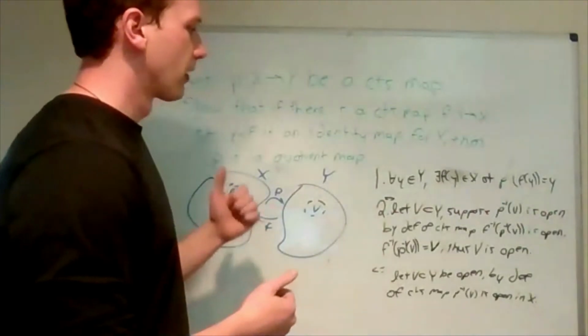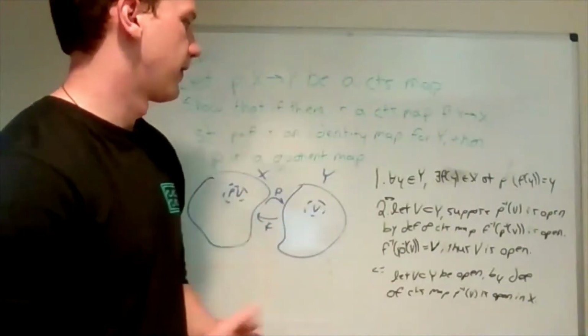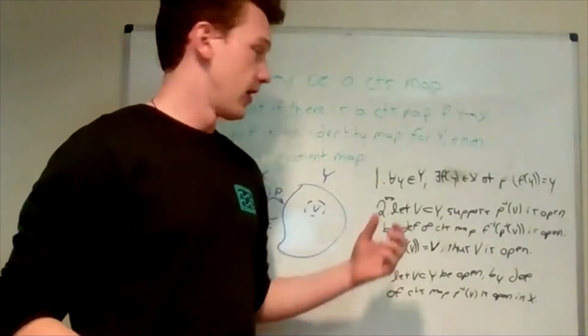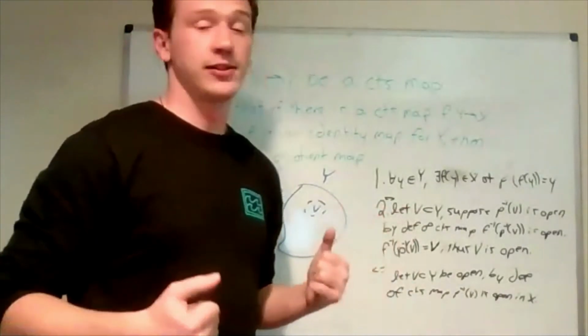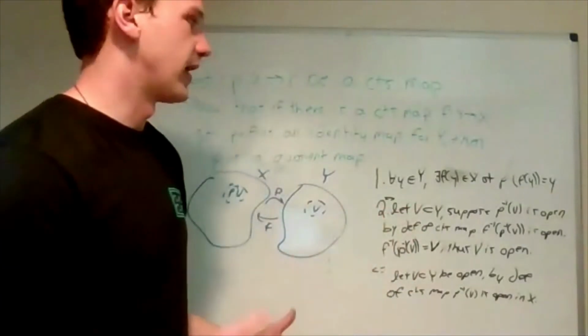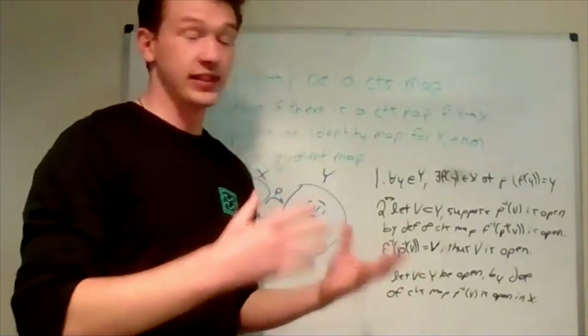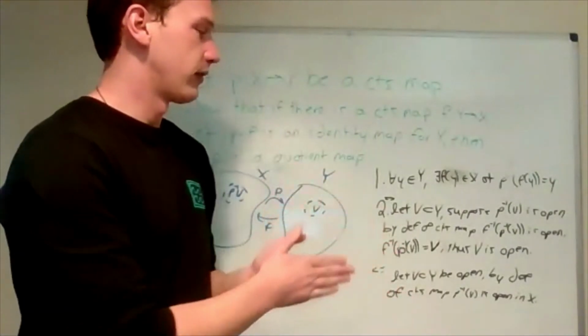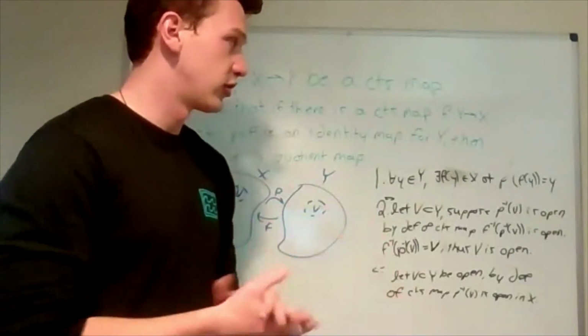To prove that, we use this function f. So let's start with a subset V of Y, and suppose that P inverse of V is open. It's an if and only if statement, and we're proving the first of the two criteria.